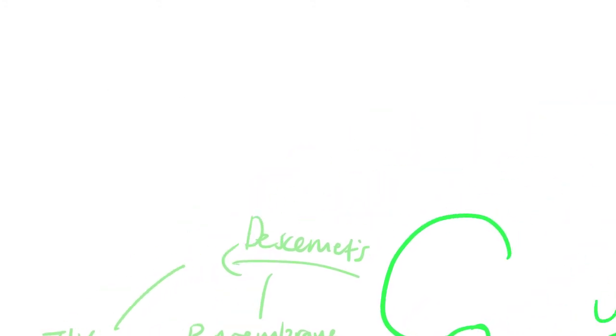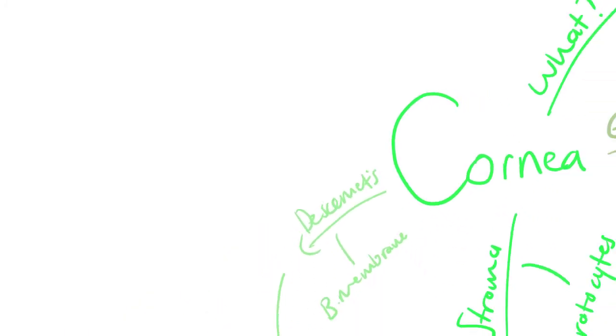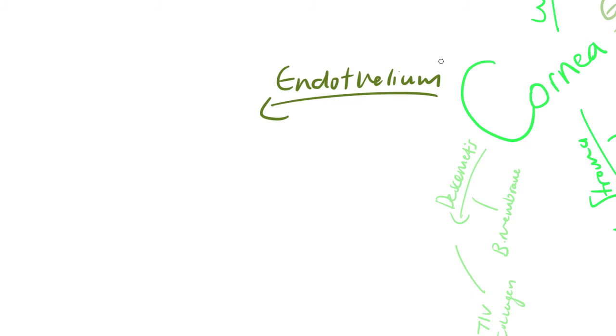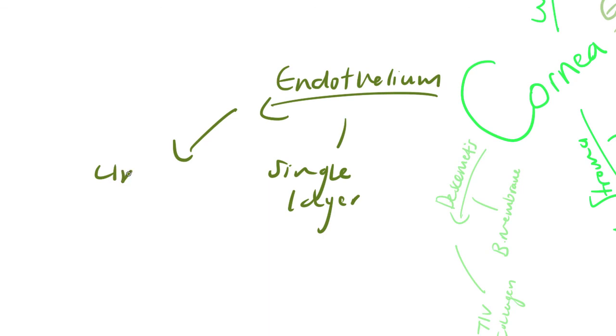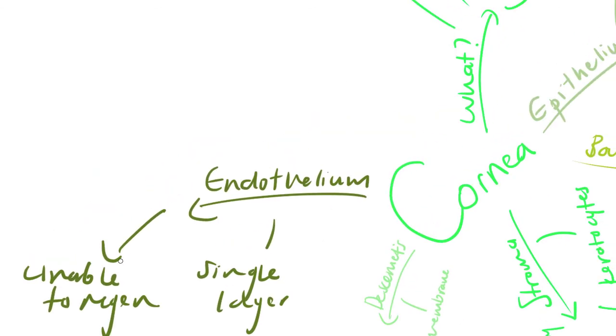Now, moving on from Descemet's layer, the final layer of the cornea is the endothelium. Now, the endothelium is a single layer. It is unable to regenerate, okay, but it is highly metabolically active.